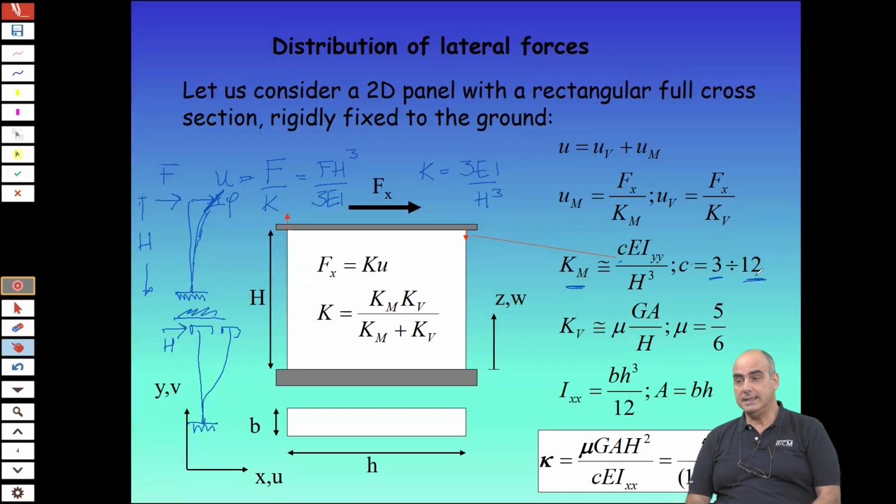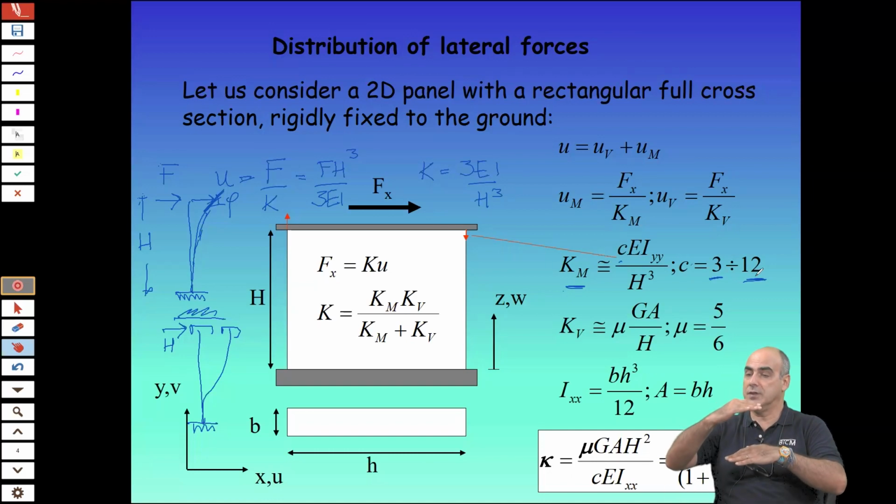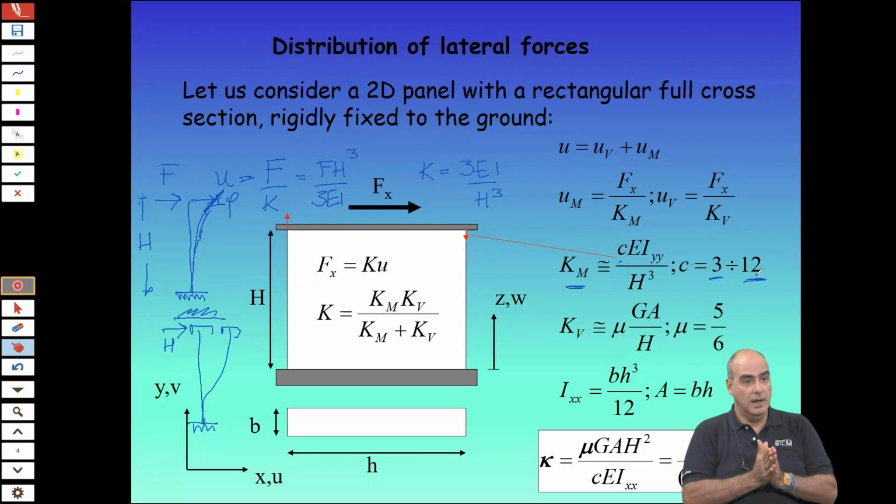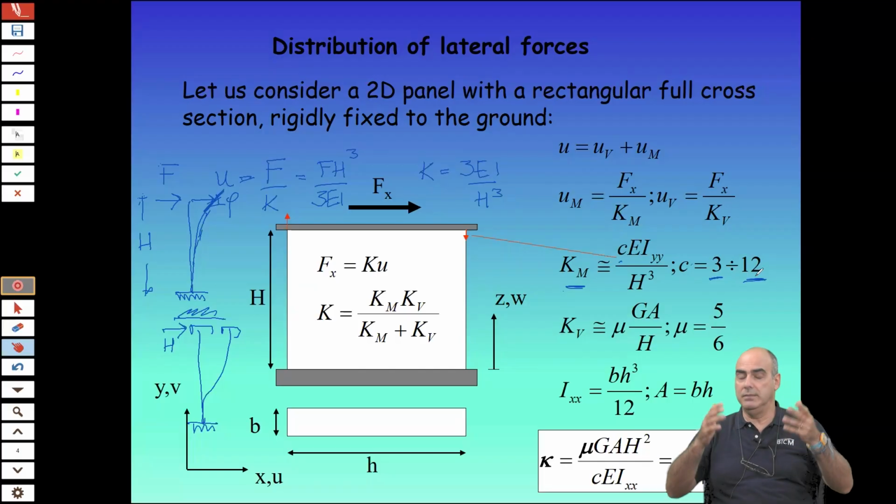The other thing is that, especially for low-rise buildings, but generally, consider the interstory space. Even in a low-rise building, the interstory height could be, say, 4 meters. These shear walls can be 2-3 meters in plan.